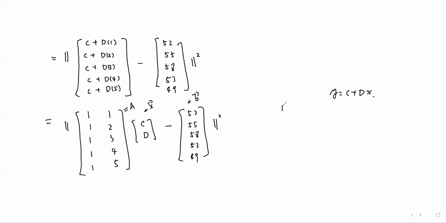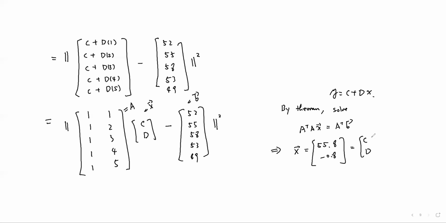By the theorem, solve this equation. Then the solution is, let me see, I skipped the details, 55.8, negative 0.8. Actually, this is C, D.